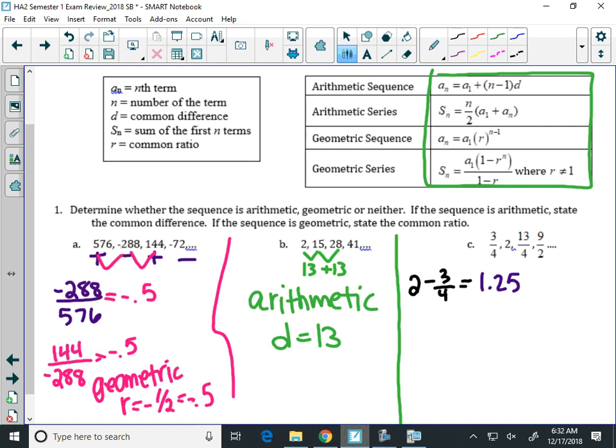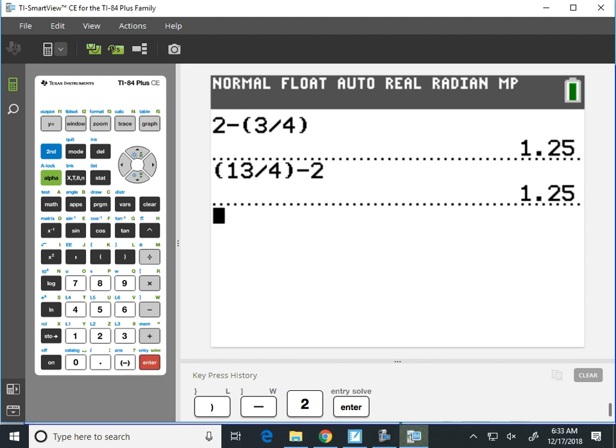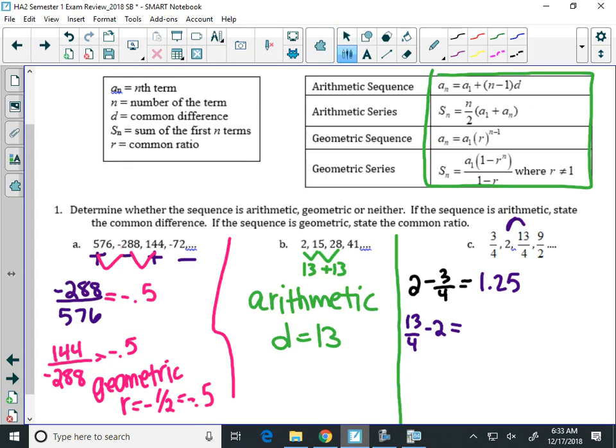All right, now if I take the next two numbers, 13 over 4 minus the 2 in front of it, if I get the same thing, then I'll know that this is an arithmetic sequence. I do get 1.25, so that means that there is a common difference here of 1.25, so this sequence is arithmetic.